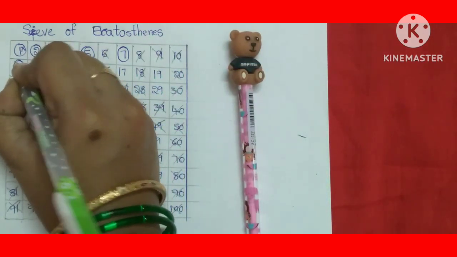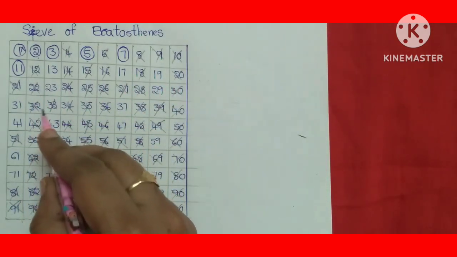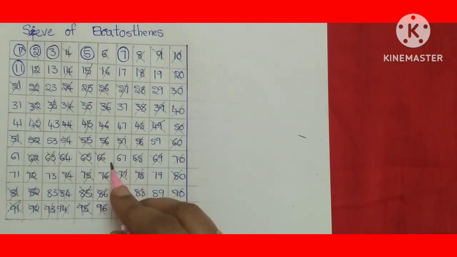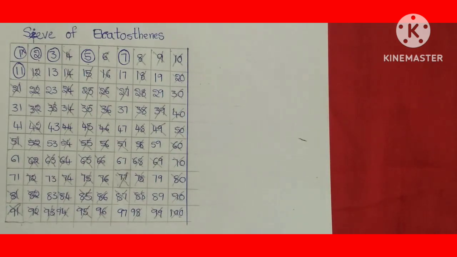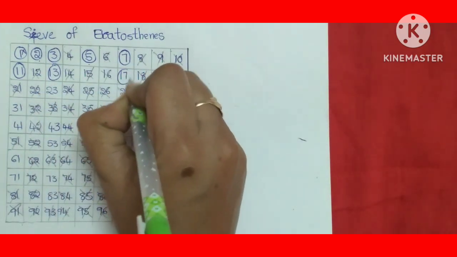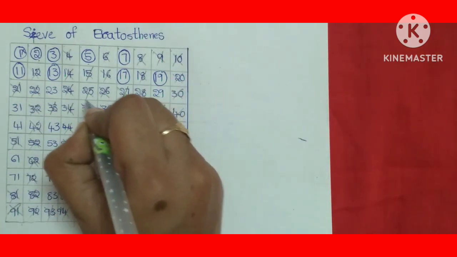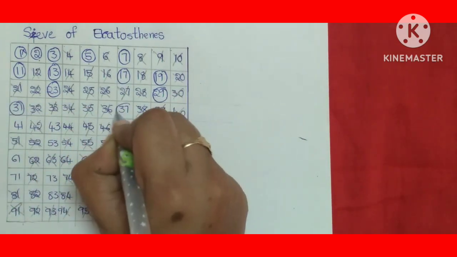Next we are rounding the number 11 because it is a prime number. Now we are crossing the multiples of 11: 22, 33, 44 and so on up to 99. If you check for the not crossed numbers in the grid, those are prime numbers, because all the multiples of those numbers, if they are in the grid, are already crossed.